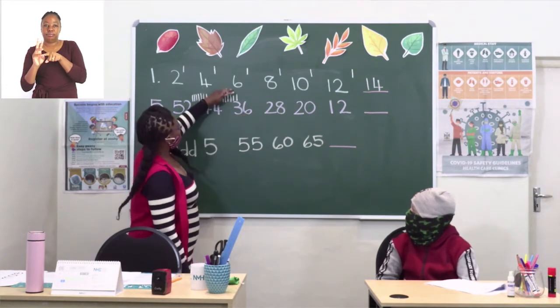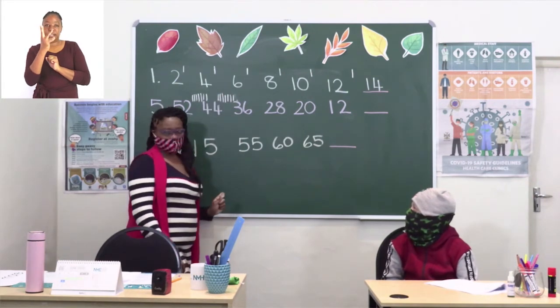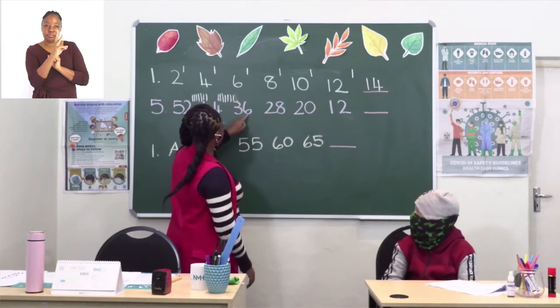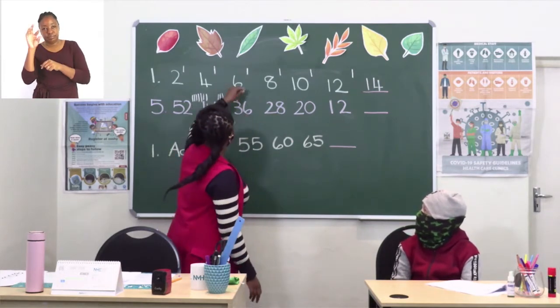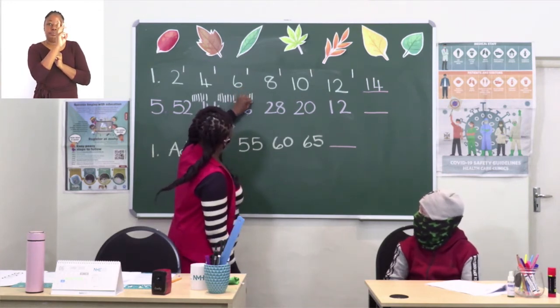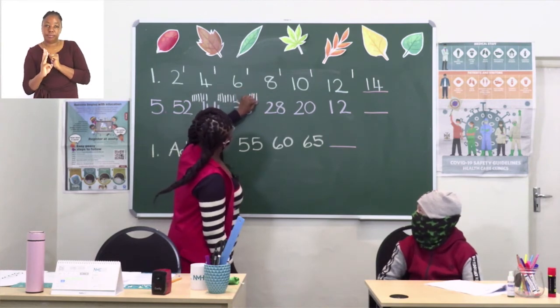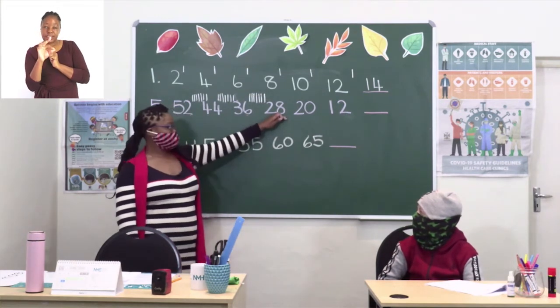36 is this one, so we don't need this stick. Let us continue from 36. 36, remember we are counting backwards. 35, 34, 33, 32, 31, 30, 29, 28.